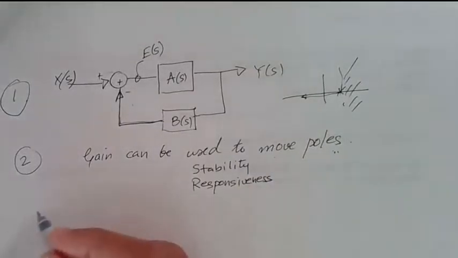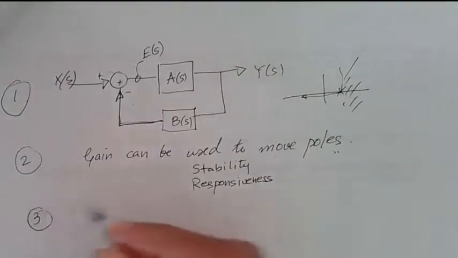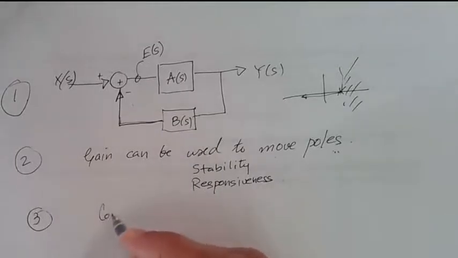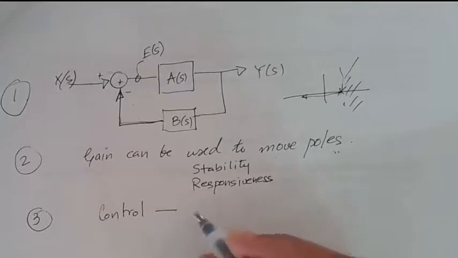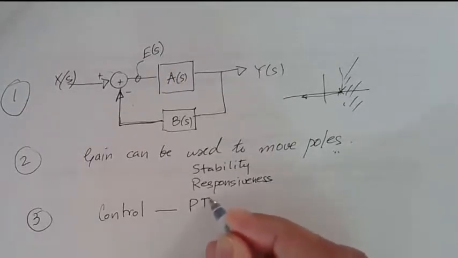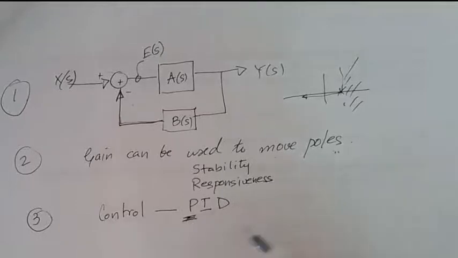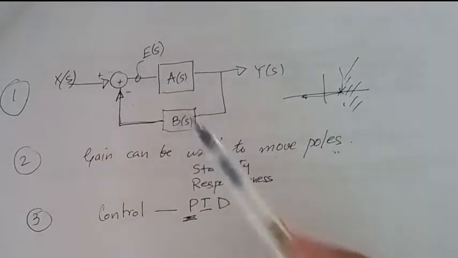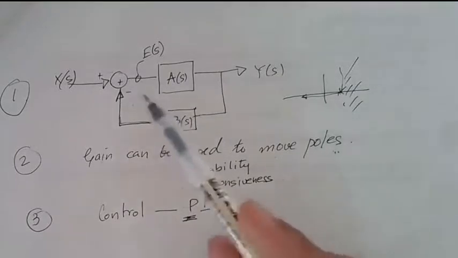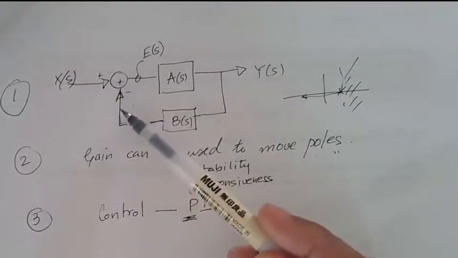And the third thing is we talked about control, and really we didn't talk too much about it, but remember at least the names, right? So P is for proportional, I is for integral, D is for derivative. A proportional controller is one that just drives your system based on the error between the set value and the measured value.